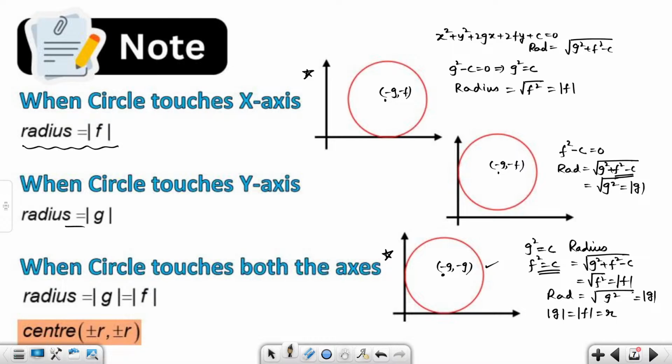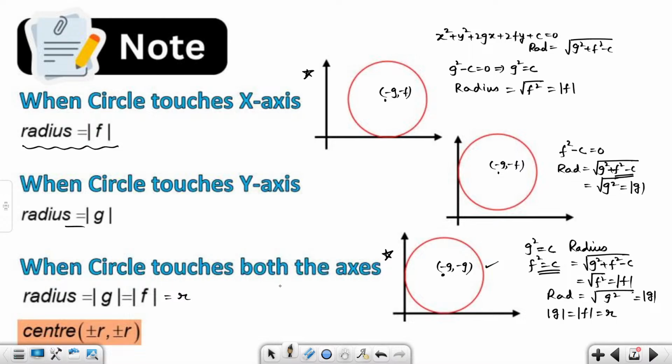I have already mentioned this. Therefore, if this is equal to R, then your center will be plus minus R, comma plus minus R, because according to the position of the circle, whether it is in the first, second, third or fourth quadrant, we will take the center accordingly.